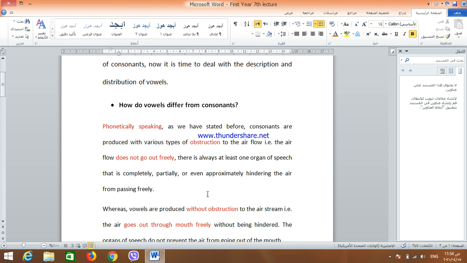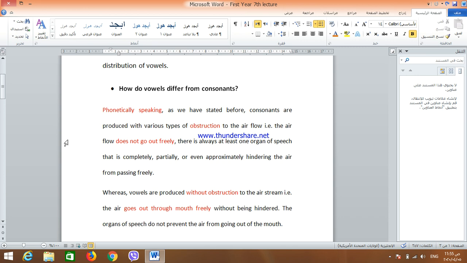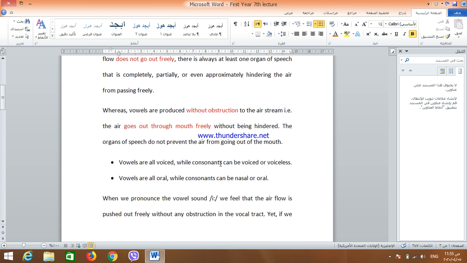In the r sound, there is no complete or partial obstruction to the airflow, but still two organs of speech are approximating each other. So in all these cases, we have obstruction. It means the airflow doesn't go out freely.